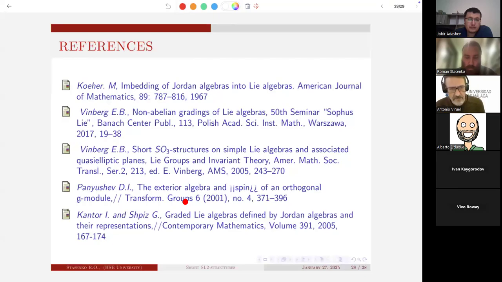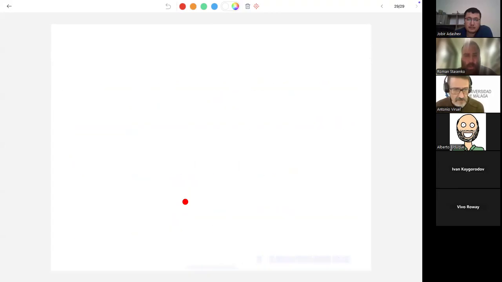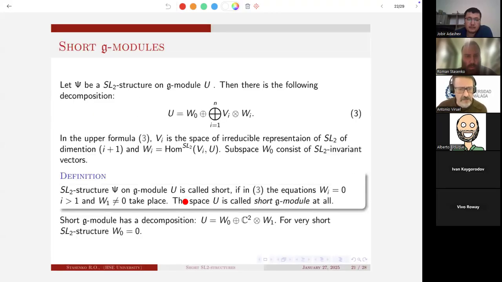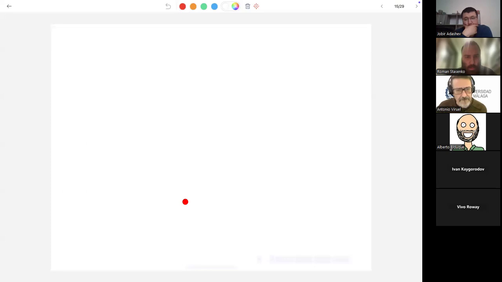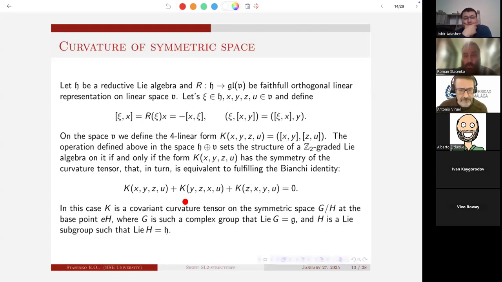And then my second question, well, I don't know if this is really a question, but I missed the point where you somehow relate to the curvature of a symmetric space. I remember that speaking with Otmar, he somehow came to Jordan algebras because his PhD thesis was about symmetric spaces.